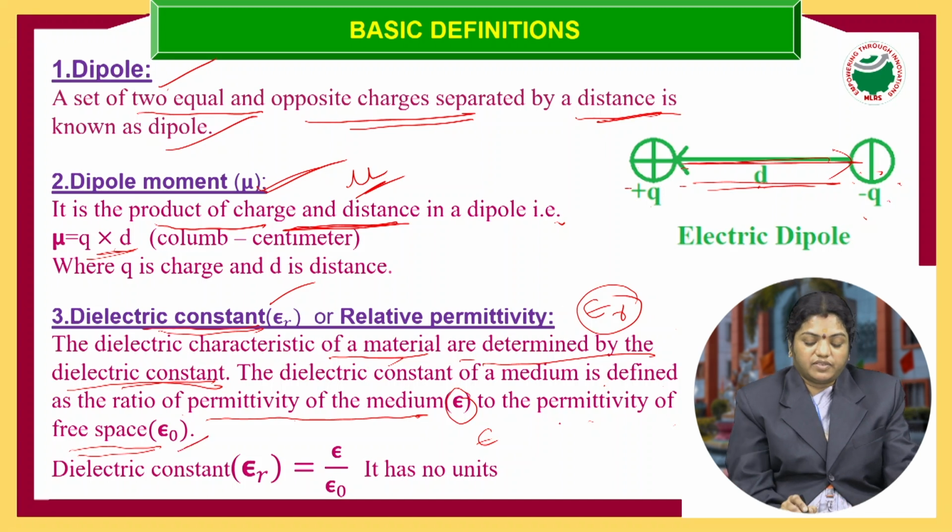We specify the medium's permittivity with the symbol epsilon, and the permittivity of the free space with the symbol epsilon naught. So epsilon R is equal to epsilon by epsilon naught.